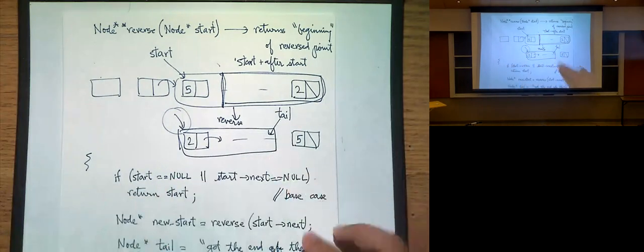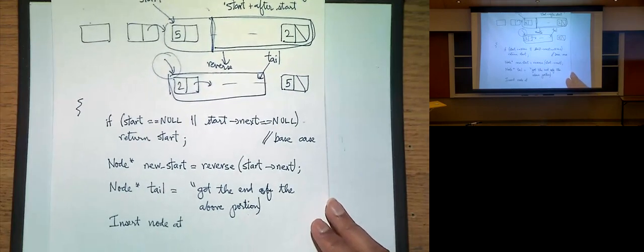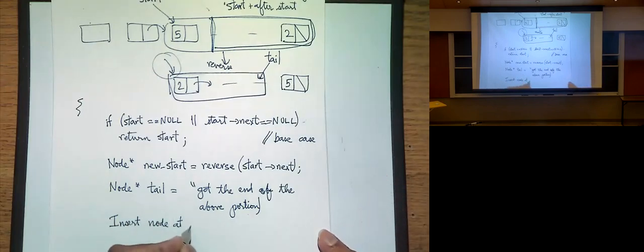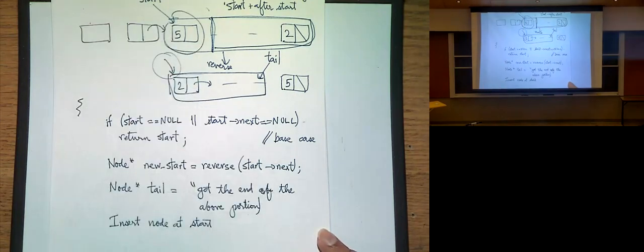Once I get the tail, now I'm just going to write in English: insert node at start, which is that node, at the tail.